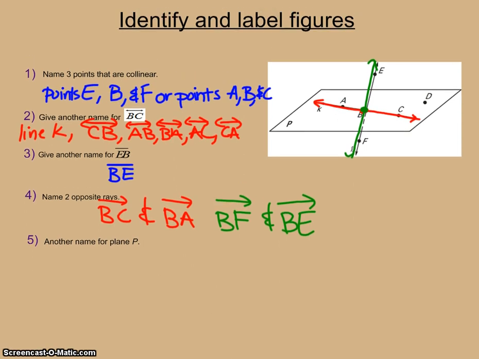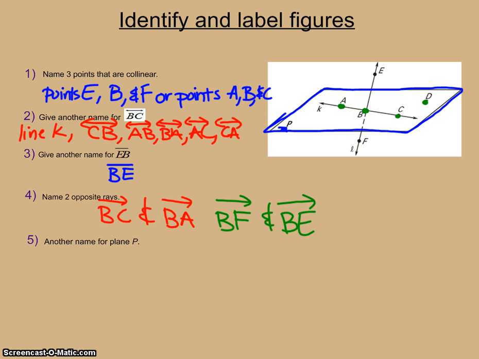Last but not least, we need to give another name for plane P. If we look up here, plane P is that entire plane that we outlined here. I'm going to outline in blue for you. Now remember, a plane needs to either be named in the corner here or have 3 points that we use. On this plane, we can see we have 1, 2, 3, 4 points that are on the plane.